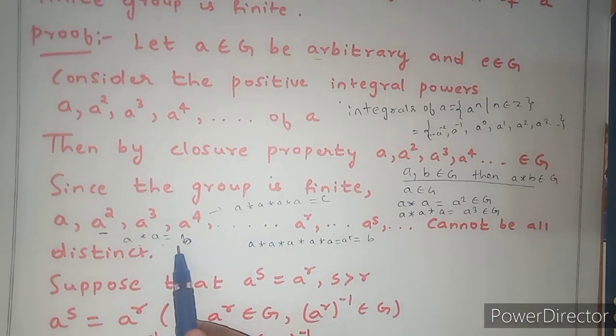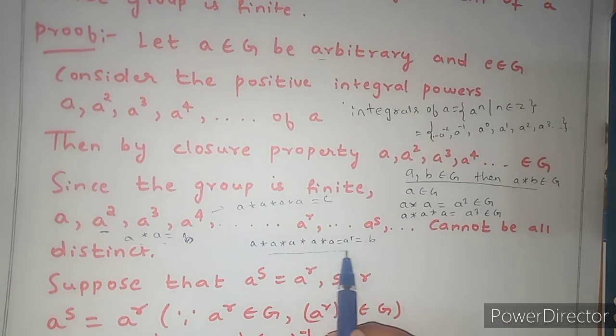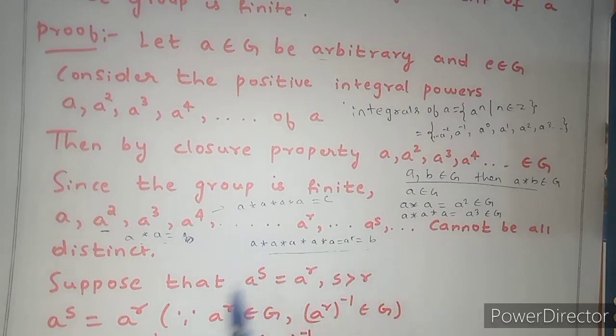See here a^2 equals b and a^5 is also b. Since the group is finite, the elements will be repeating, right? Since the group is finite, it will terminate at some point. So the elements cannot be all distinct.